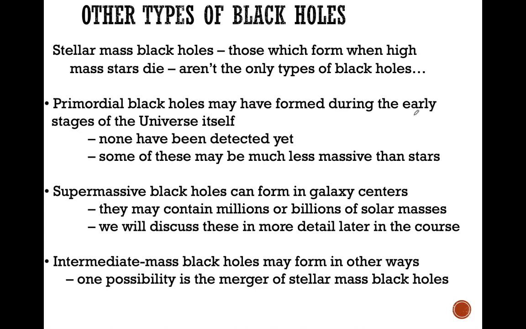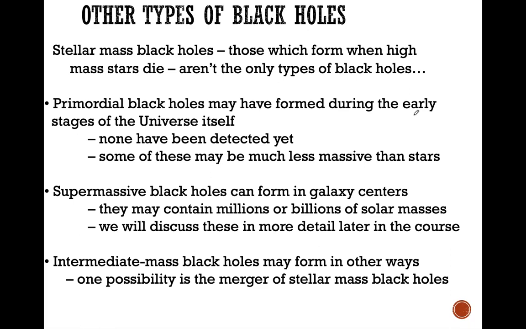And then there is another type called supermassive black holes. These black holes normally form in the centers of galaxies. The reason we call them supermassive black holes is that they may contain millions or billions of solar masses, right?